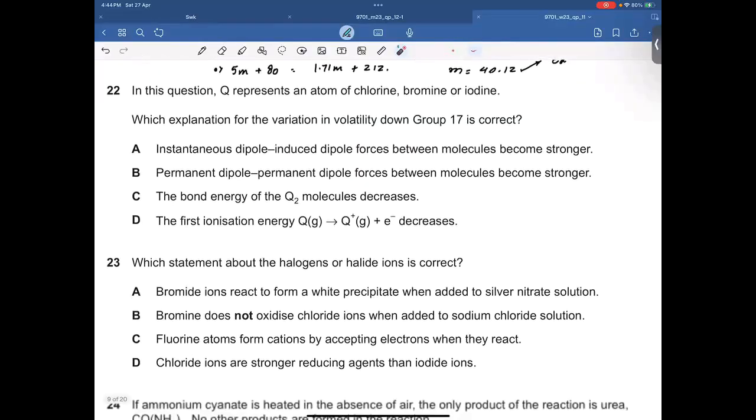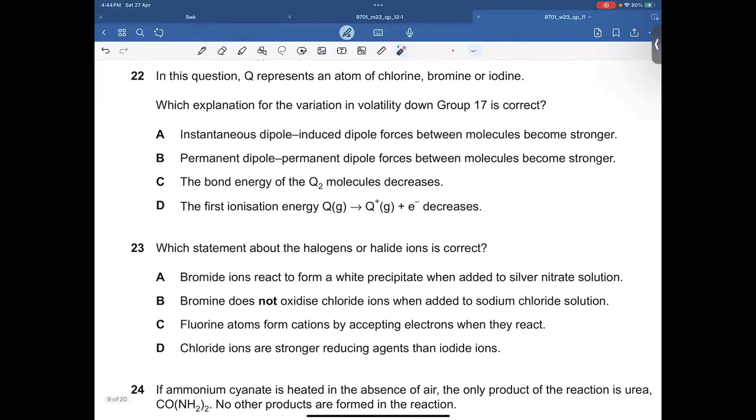Okay, next question, number 22. Q represents an atom of chlorine, bromine, or iodine. Which explanation for the variation in the volatility down Group 17 is correct? I've told you in the class, the volatility down the group decreases due to the increase in the boiling point and the increase in van der Waals forces.